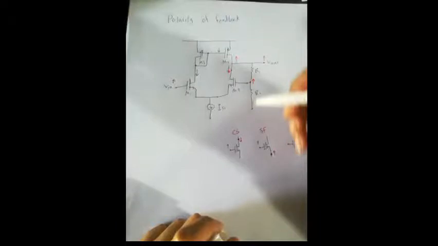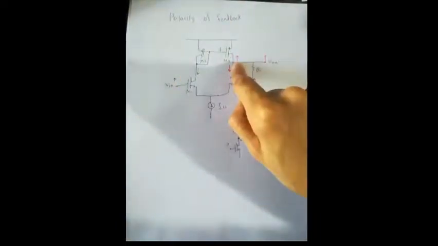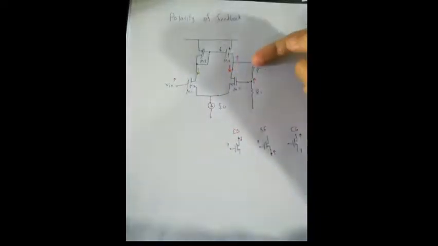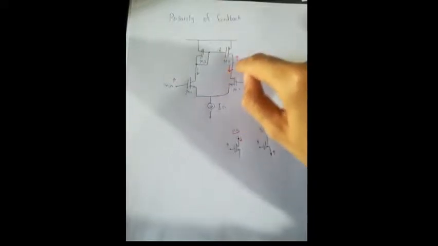Now, once this node goes up, what do we expect at this node here? Because this is again a common source, we expect this node to go down. So you can see now that increasing the input is forcing V output to go up, while with the help of this feedback, we are forcing this node to go down. So we have a counteracting effect here.